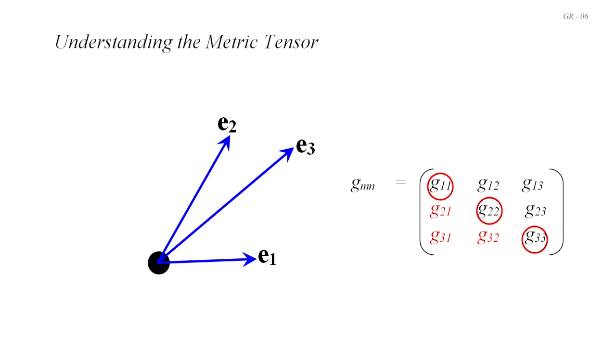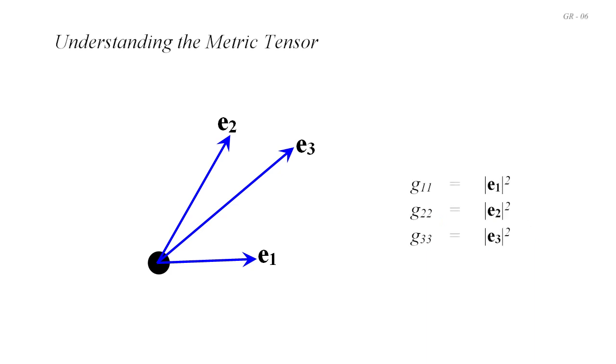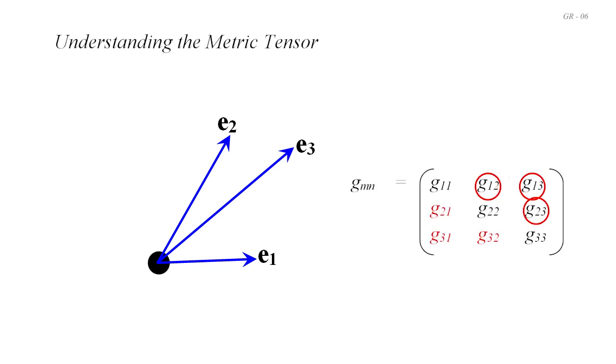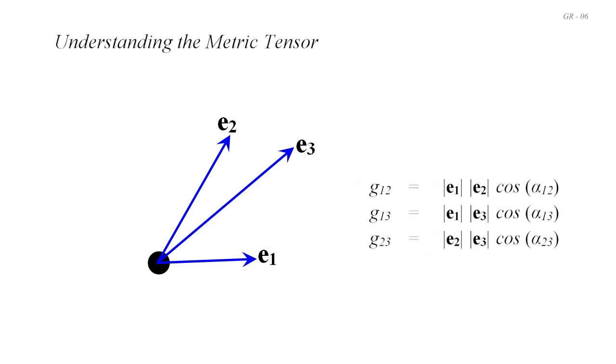The 3 on the diagonal, g11, g22 and g33 are the squares of the sizes of the basis vectors e1, e2 and e3, and so they represent the three stretches squared. The remaining three numbers, g12, g13 and g23, relate to the angles and to the stretches, such that g12 is e1 times e2 times the cosine of alpha 1, 2, the angle between e1 and e2, and so on.